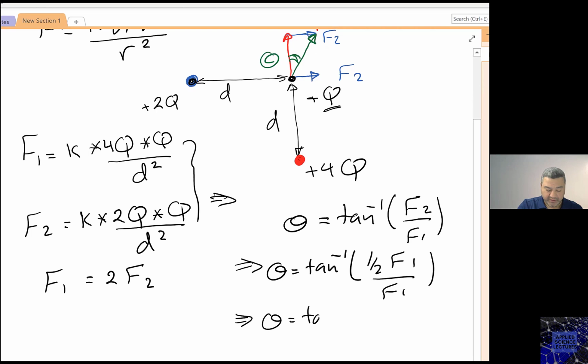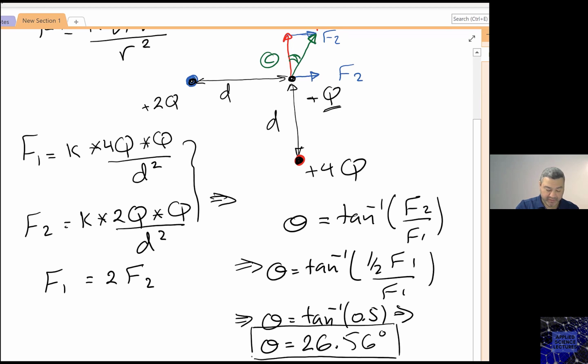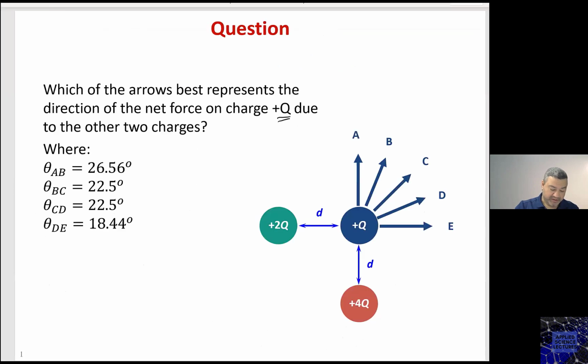Theta is tan inverse 0.5, and then theta would be 26 degrees. So the answer is B.